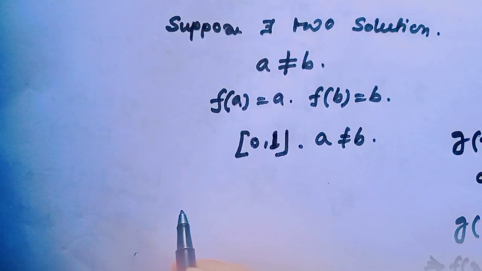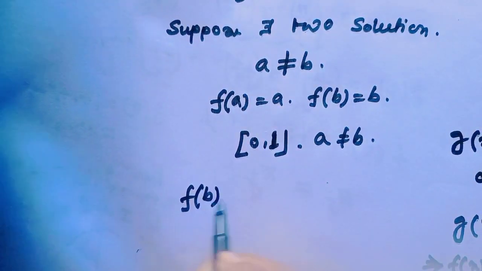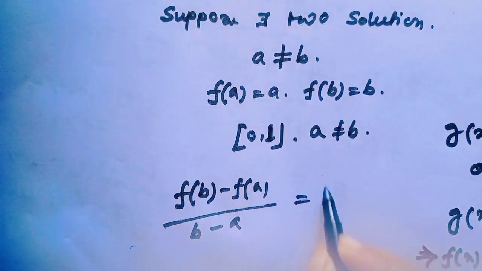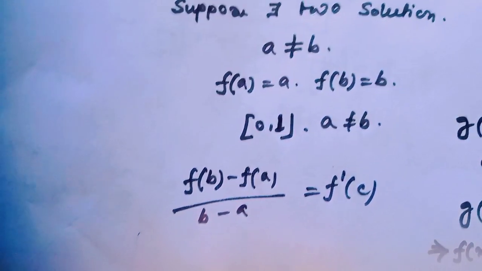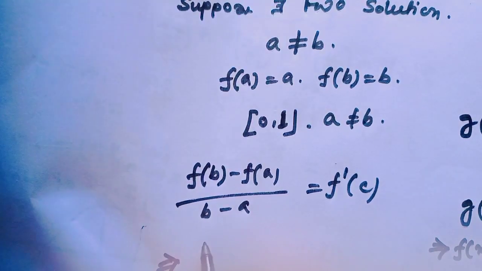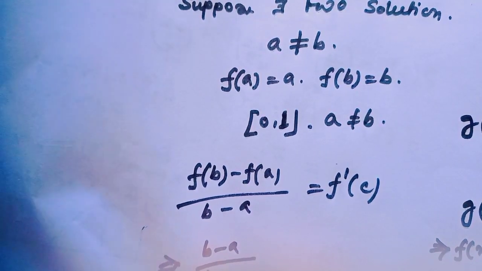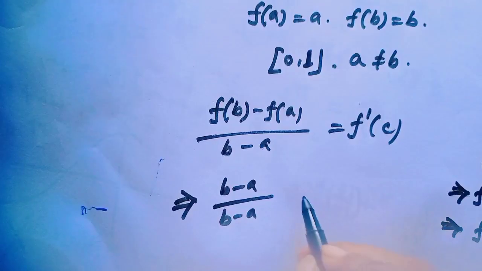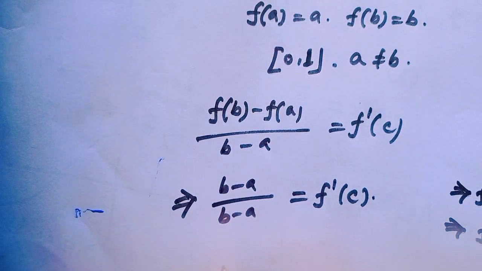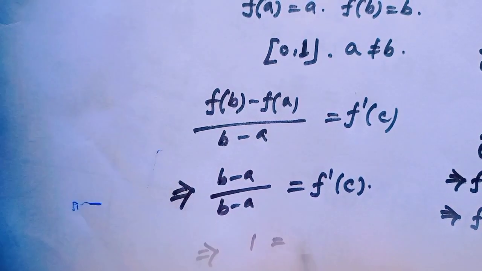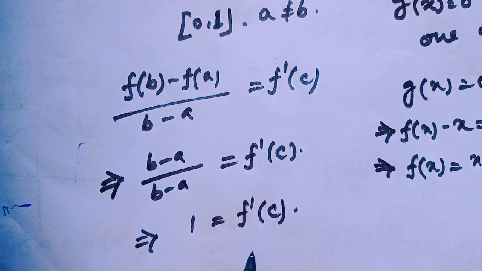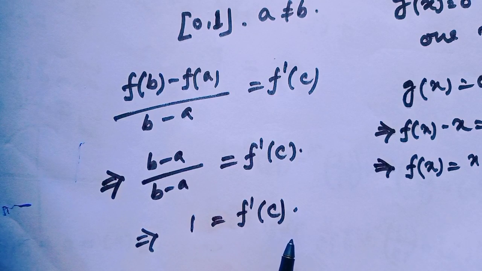Now applying the mean value theorem, we can say f of b minus f of a over b minus a equal to f prime c. Okay? And here, given f of a equal to a and f of b equal to b, this is b minus a over b minus a, and this is equal to f prime c. Okay? That means 1 equals f prime c, so f prime c equal to 1.